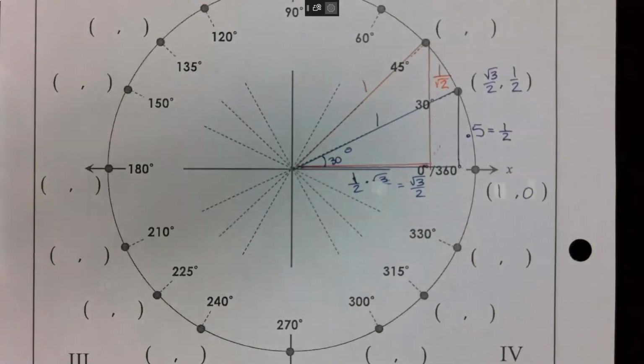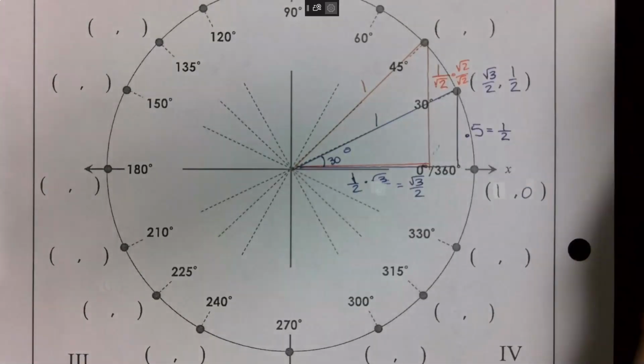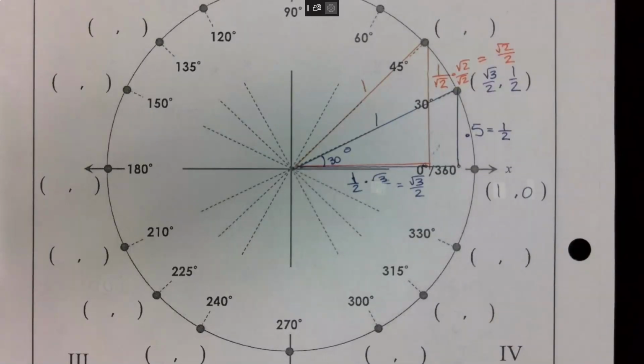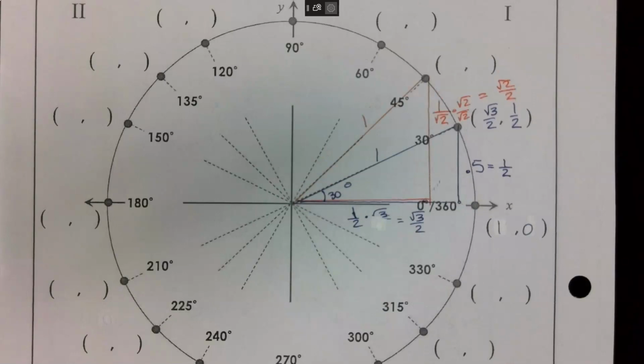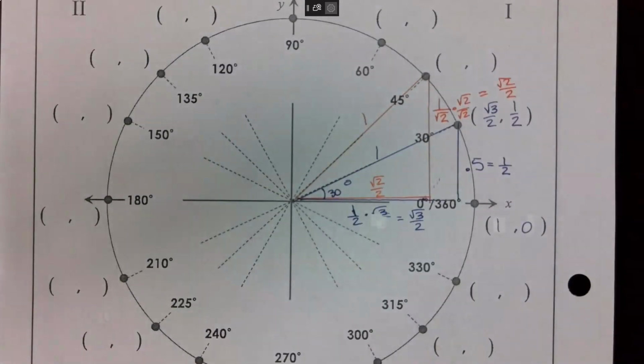But I don't like radicals in the denominator, so I rationalize it by multiplying by the square root of 2 over the square root of 2, which gives me square root of 2 over 2. In 45, 45, 90 triangles, the two legs are the same length, so I know that this leg is also square root of 2 over 2. So then what's my coordinate point here?